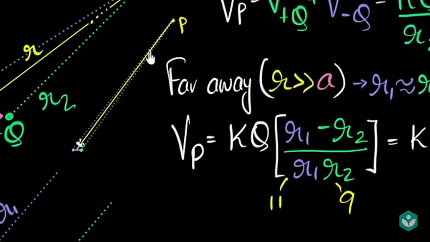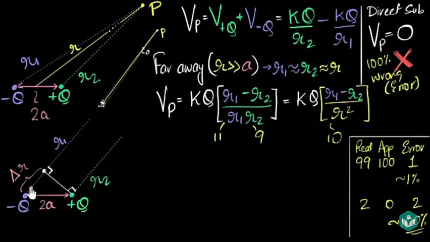This triangle is almost 0 in angle, so the other angles are almost 90 degrees. This is almost an isosceles triangle, so this side is exactly equal to this side. The extra distance should be R1 minus R2, so this should be R2 and this should be R1.